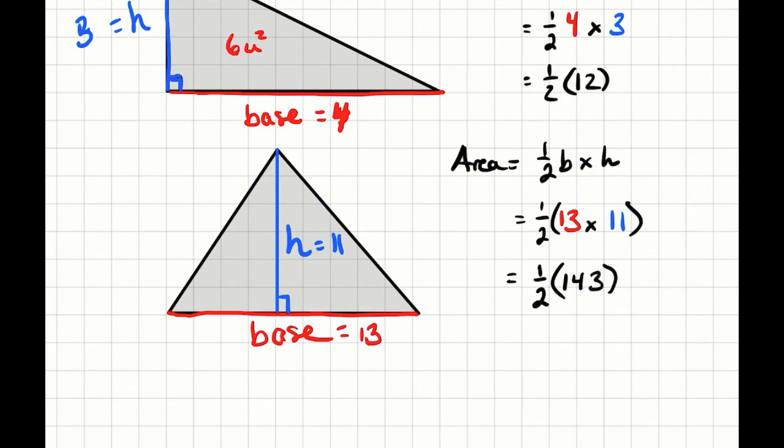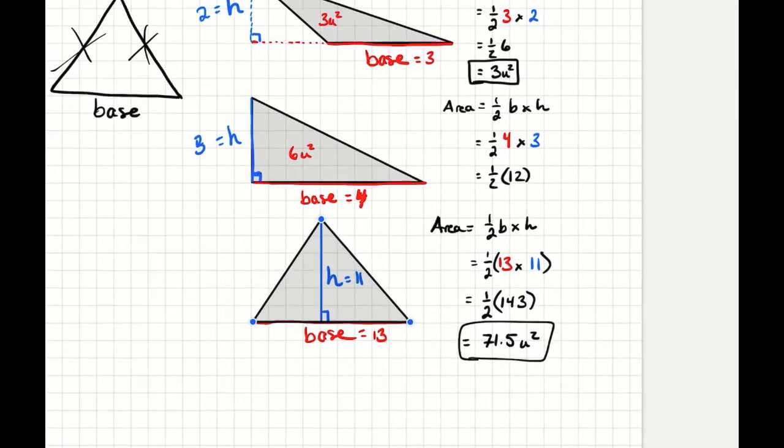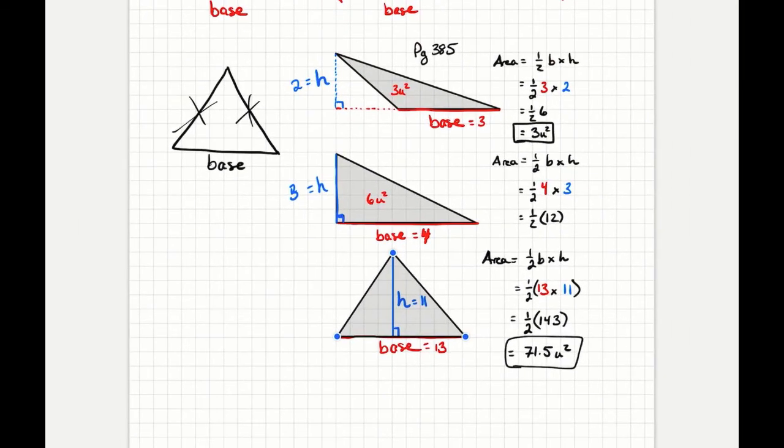If you take 140 and divide it by 2, you get 70. And then 3 divided by 2 is 1.5. And so you should end up with 71.5 as your answer. All right. And so that's how you use the area of a triangle.